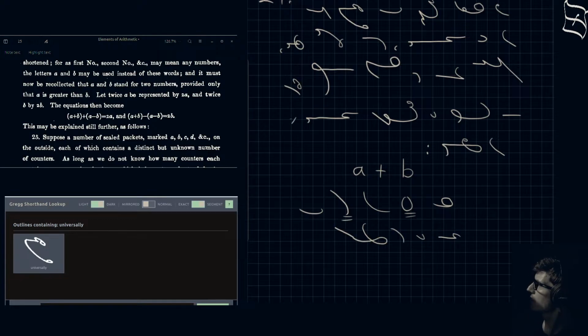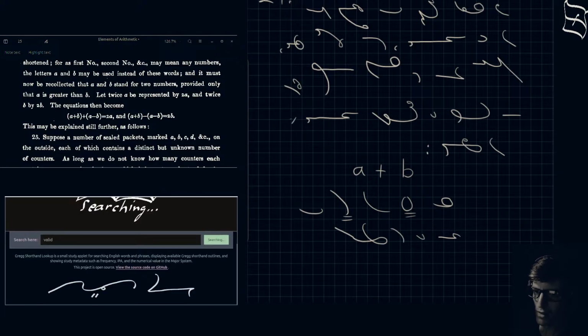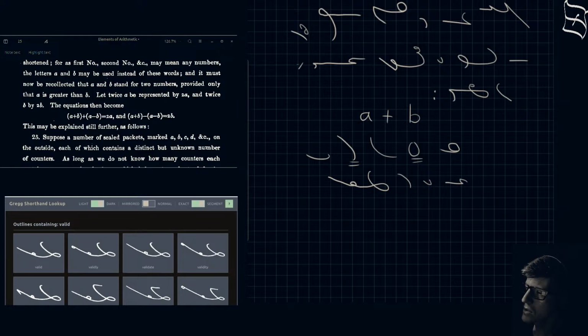Let me check valid. Where A and B are one of a valid range or valid set. Valid, check that. Yep, that's valid. So we do need to have the E, are one of the valid numbers.